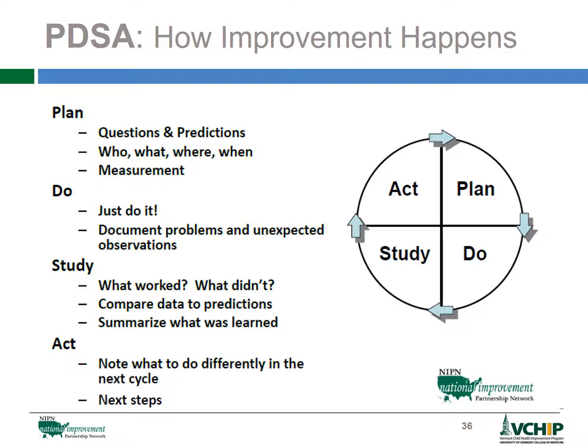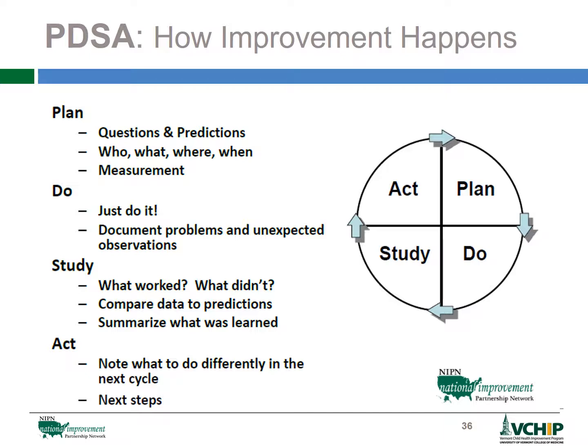Then you'd move on to the act phase. And this is when you really think about, well, what are we going to do based on what we've learned? Sometimes folks refer to the act phase as the adopt, adapt, or abandon phase of the PDSA cycle. So based on what you learned from testing that strategy, are you going to adopt it?